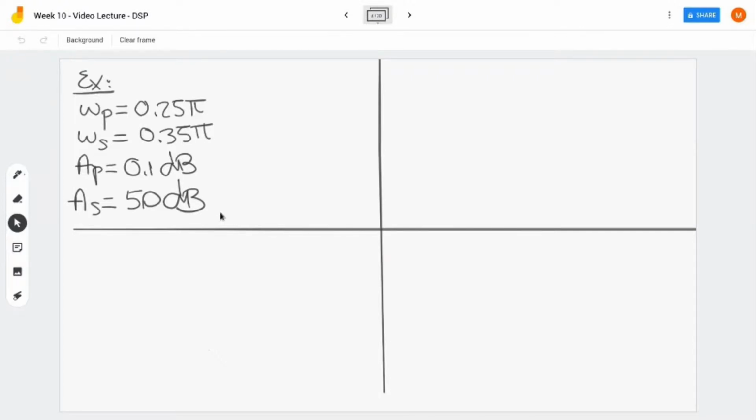First step is we need to find delta p and delta s. As we know, AS is approximately equal to minus 20 log delta s. From this equation, we can directly find the value for delta s. And AP is equal to 20 log of (1 plus delta p) over (1 minus delta p). Again, we can use this equation to find values for delta p and delta s.